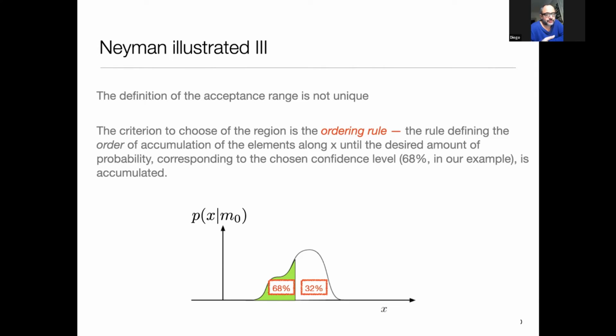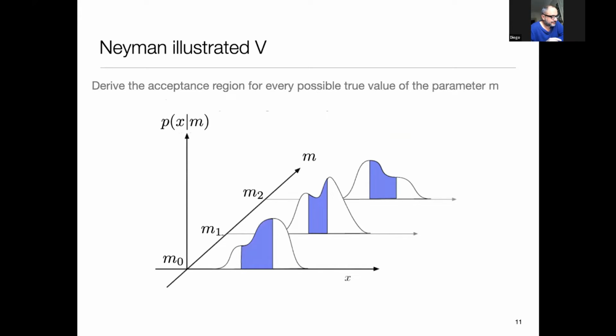And then you also have to decide what's the ordering rule, what's the criterion by which you choose to accumulate data until you reach the proper integral size. So if you do that for all the possible true values for which you want to construct your confidence belt, you will have a situation like this, right?